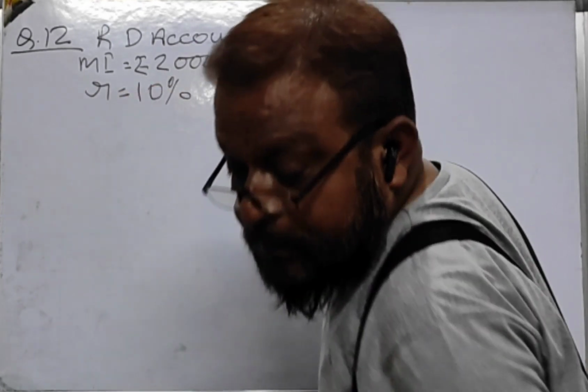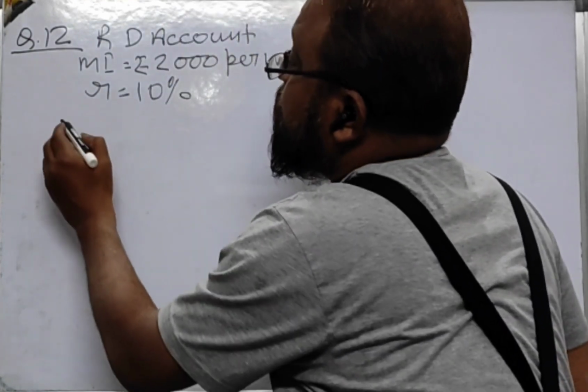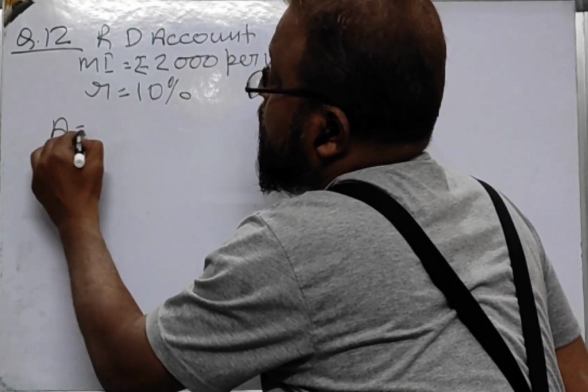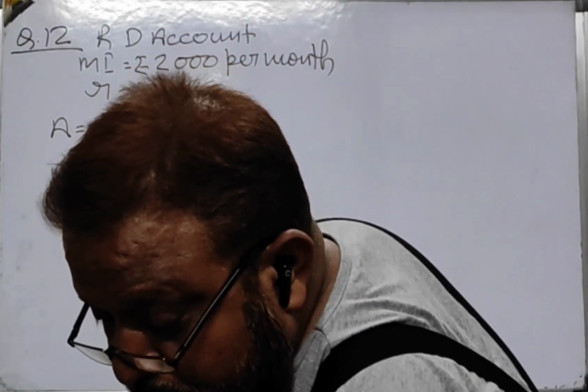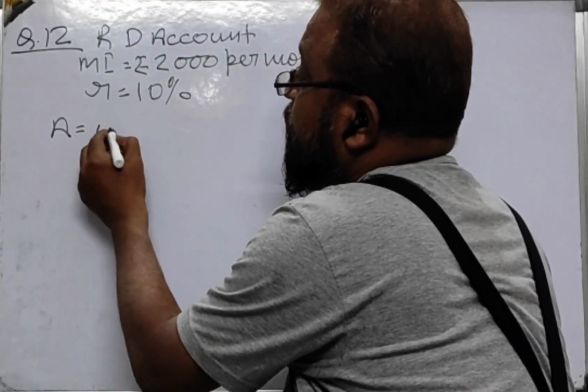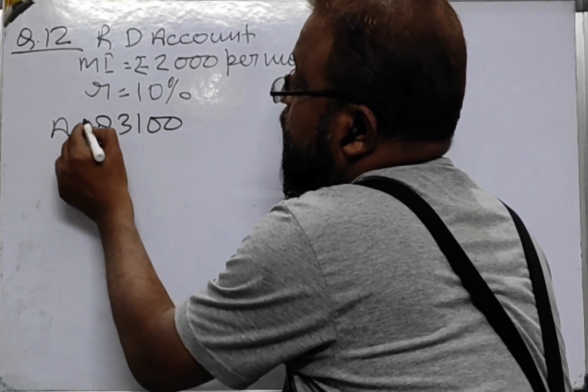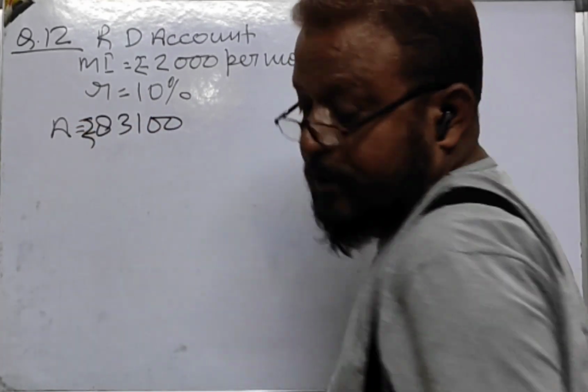Very nice. And she gets at maturity an amount of 83,100. She is getting 83,100 at the time of maturity.